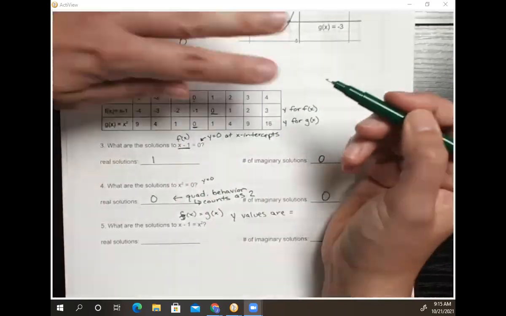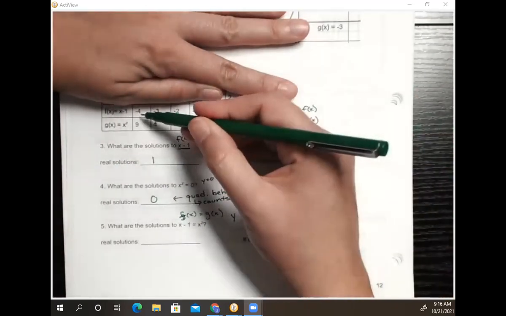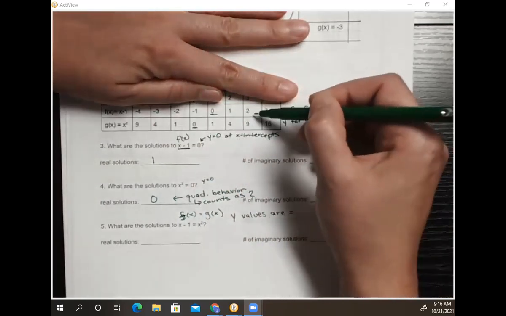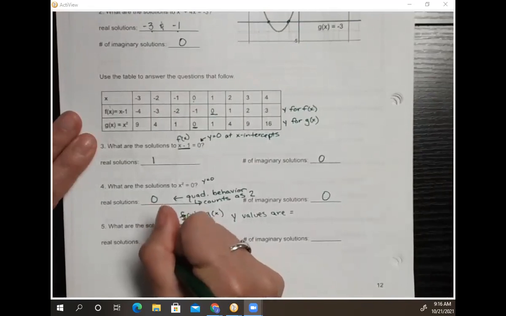I want the y values to be the same. I'm ignoring the x's for right now. I just want the y values to be the same. Nope, nope, nope. I didn't get any places where the y values were the same. What does that mean? There's none, right? No real solutions.